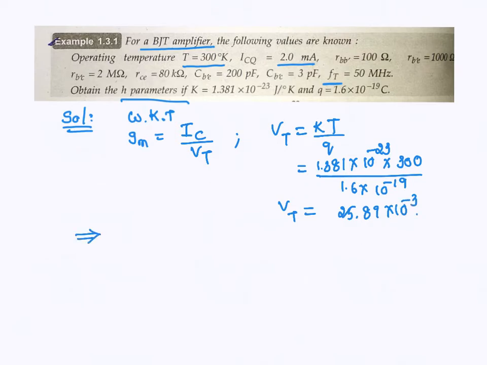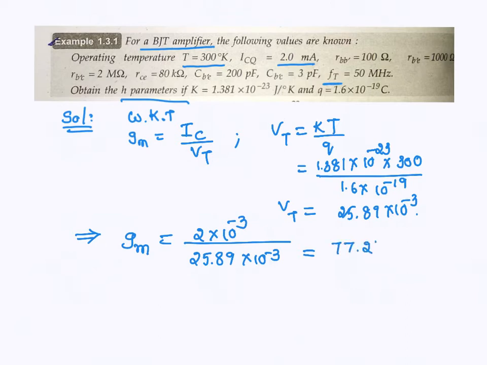If we substitute the values, then Gm is equal to Ic, which is already given, 2 milliamperes, so 2 into 10 power minus 3 by Vt, which is 25.89 into 10 power minus 3. If you calculate this, the value will be 77.238 into 10 power minus 3.